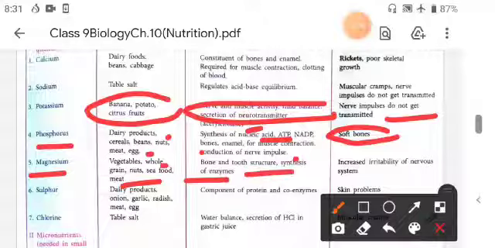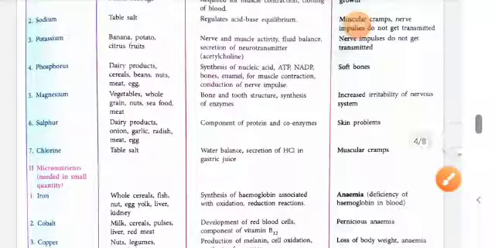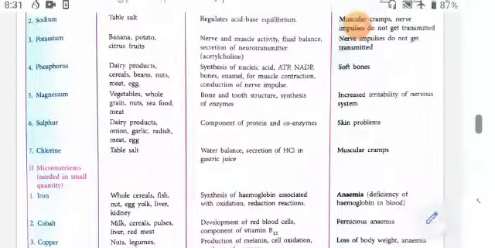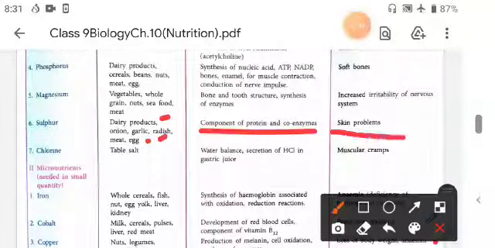It increases the irritability of the nervous system. Now next is sulfur. It is found in dairy products, onion, garlic, radish, meat, egg, and is a component of proteins and coenzymes. Due to deficiency of sulfur, skin problems will be there.